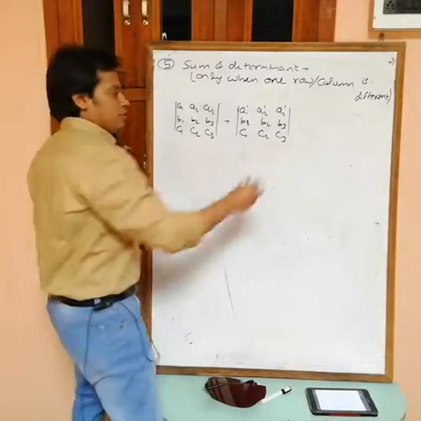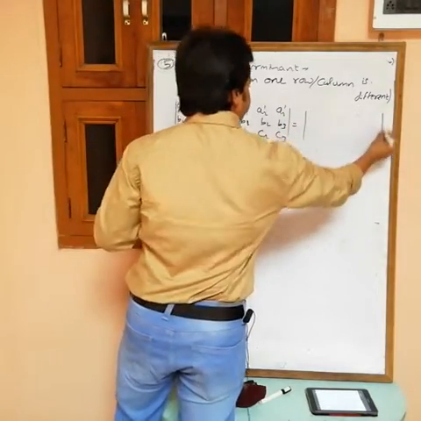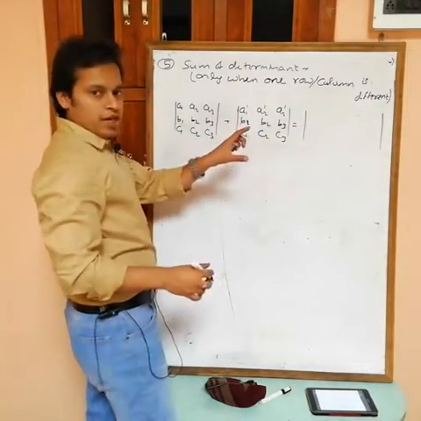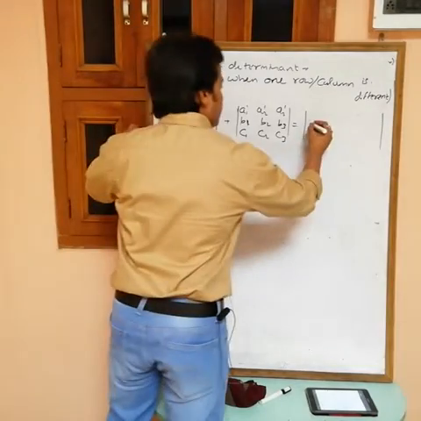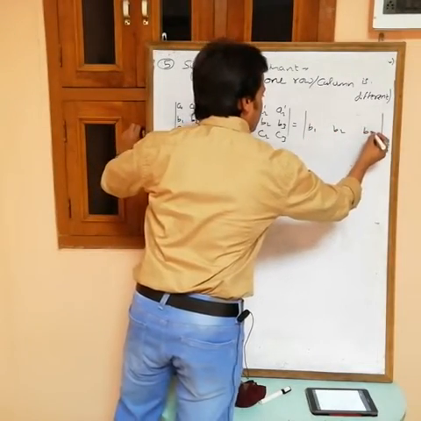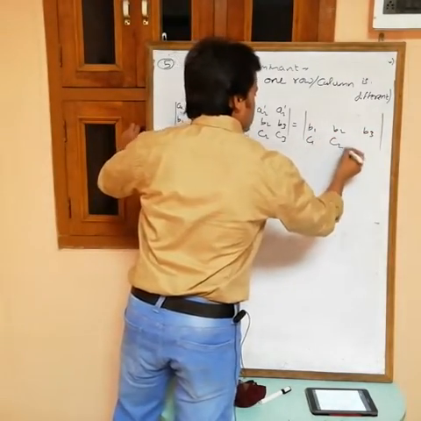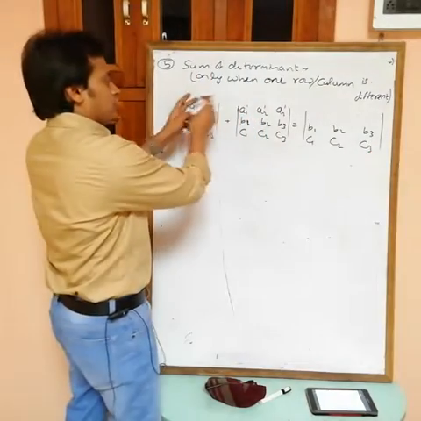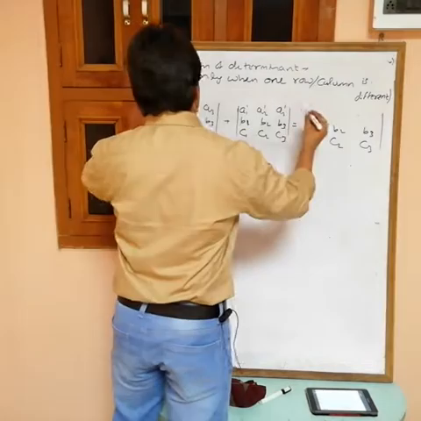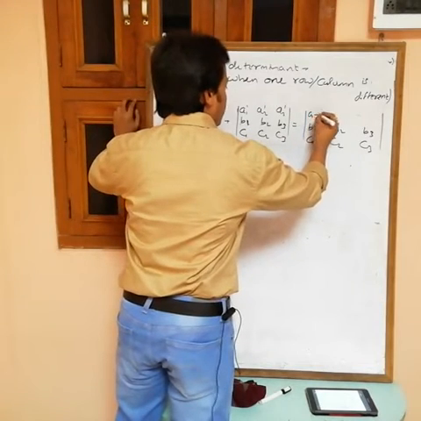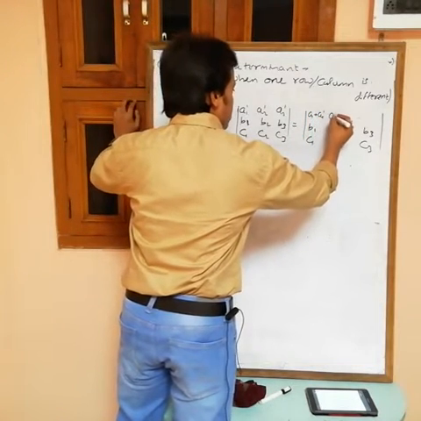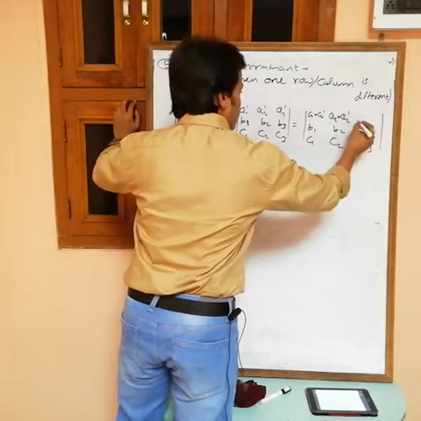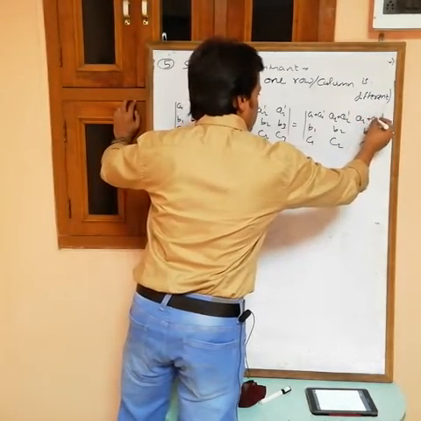Now you can add these. How to add? The same rows remain the same, B1, B2, B3, C1, C2, C3, and R1 is the sum of the corresponding rows: A1 plus A1', A2 plus A2' and A3 plus A3'.